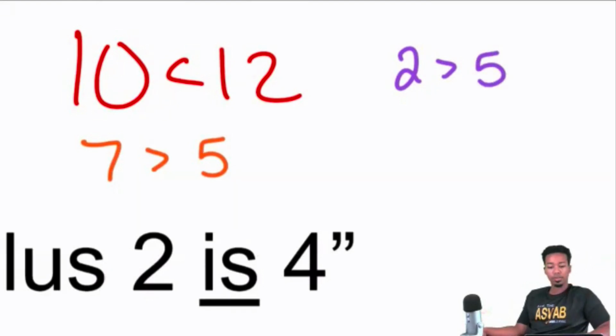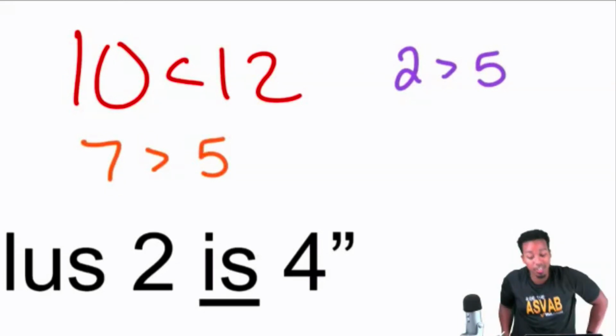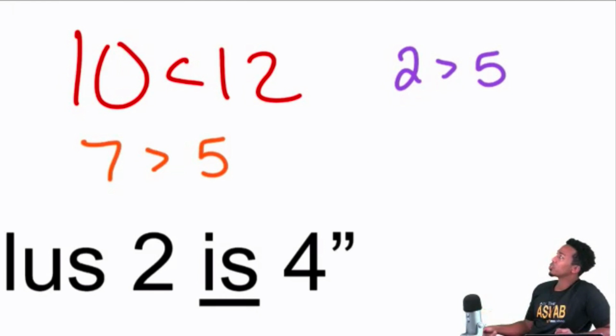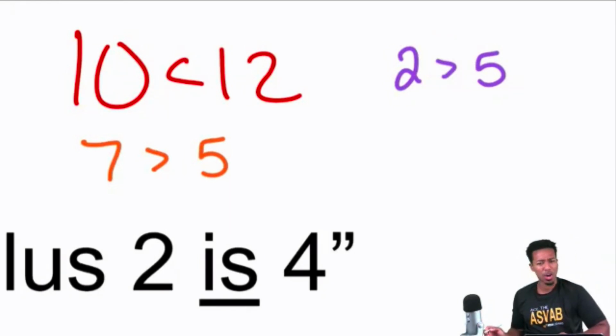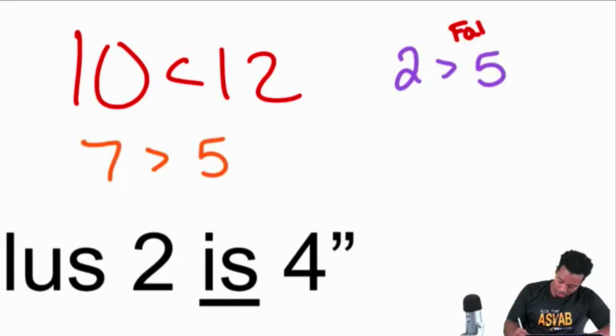True or false? Yeah, it's going to be false, because if you're saying 2 is greater than 5, no, that is not correct. 2 is smaller than 5. 2 is less than 5. So false. Here, I'll go ahead and write true and true.